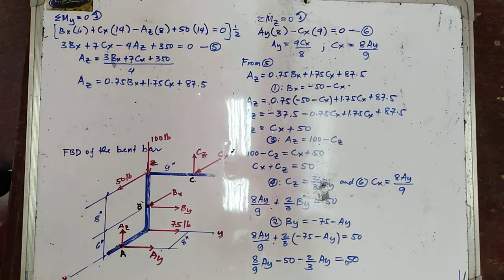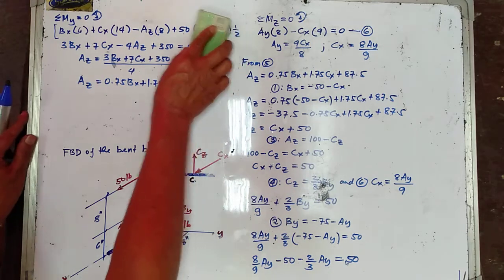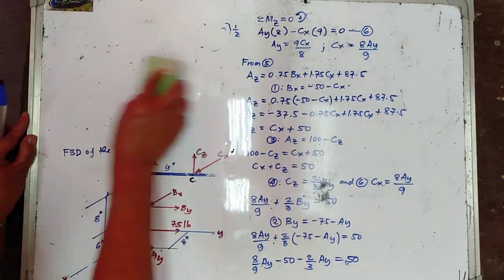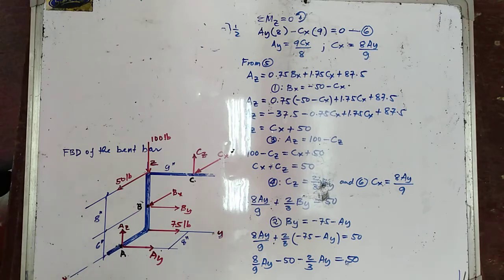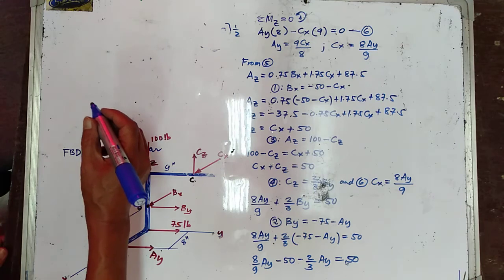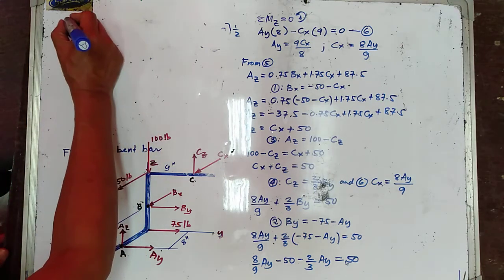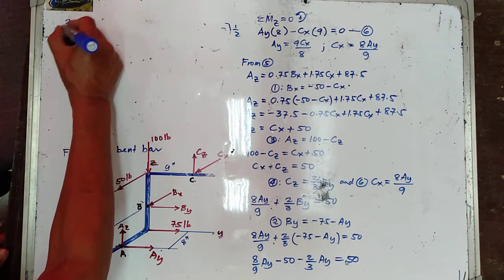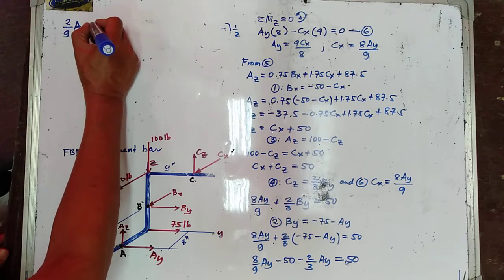Now, 8 over 9 AY minus 2/3 of AY is 2 all over 9 AY.